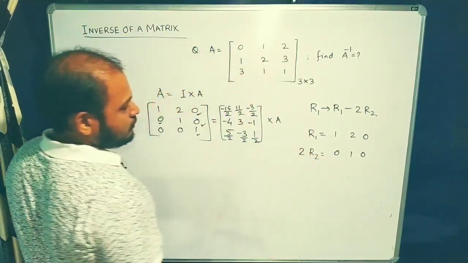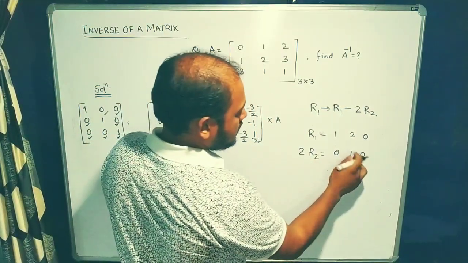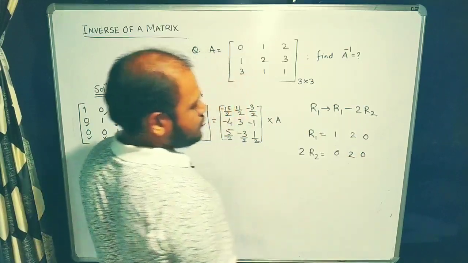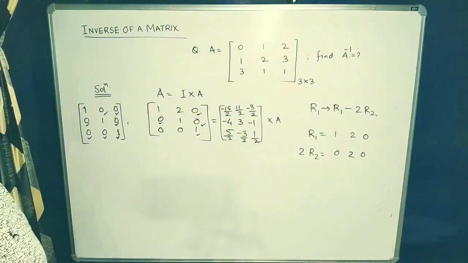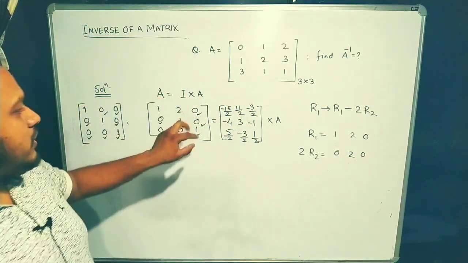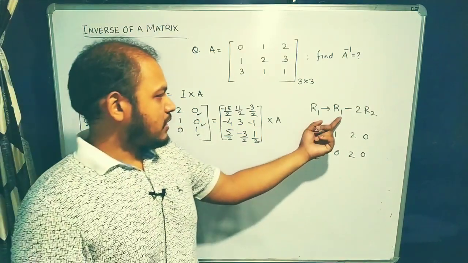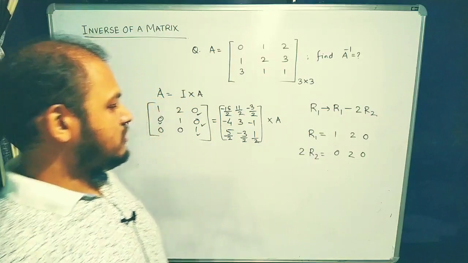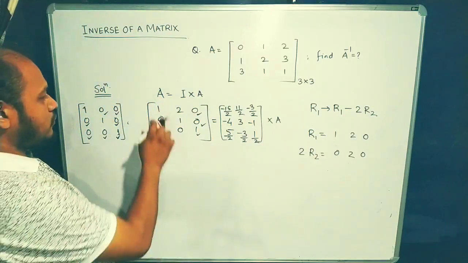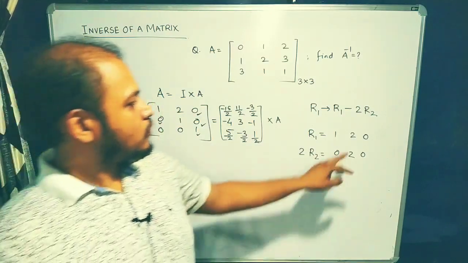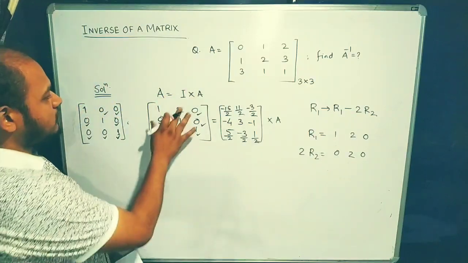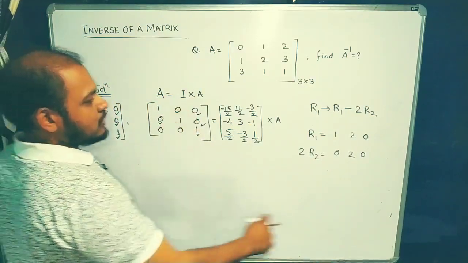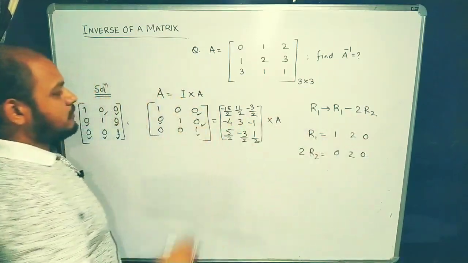Now 2 times the second row would be 0 into 2 is 0, 1 into 2 is 2, and 0 into 2 is 0. So look at the first row, 1 2 0, we have R1 minus 2 R2. So 1 minus 0 is equal to 1, we no need to change. 2 minus 2 is 0, so this becomes a 0, and then 0 minus 0 is 0.